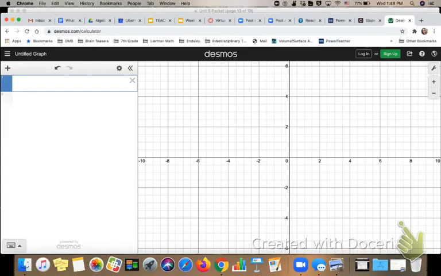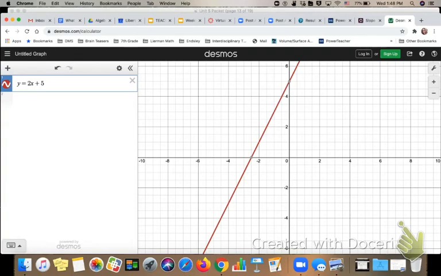Okay, turn the page and look at the functions y equals 2x plus 5 and y equals negative 2x plus 5. I'm going to type both of those equations into Desmos. Okay, so my y-intercept is 5. My slope is up 2, right 1.